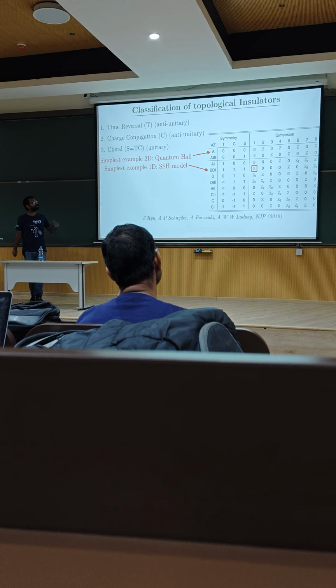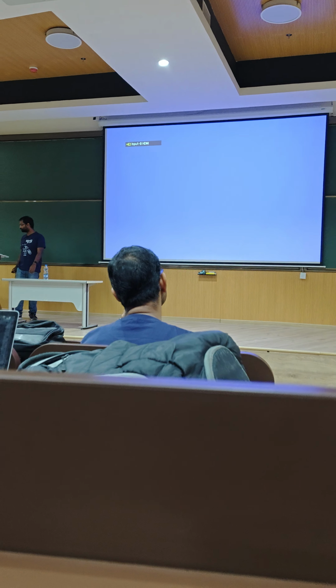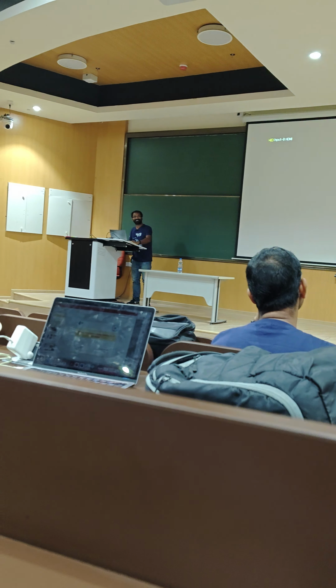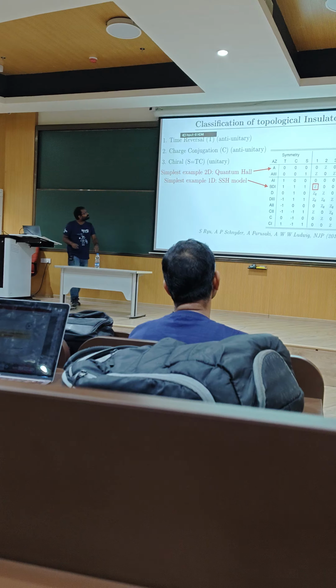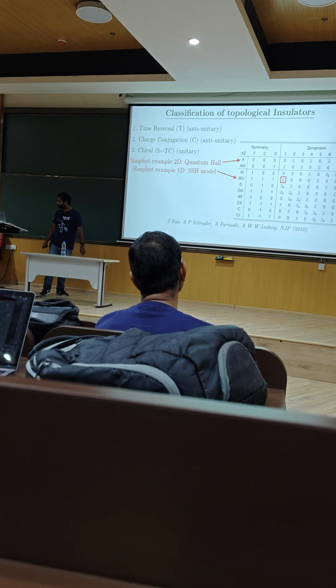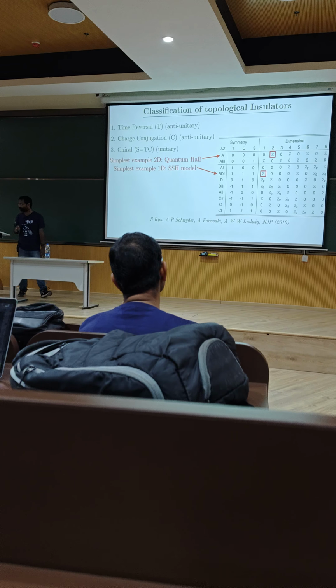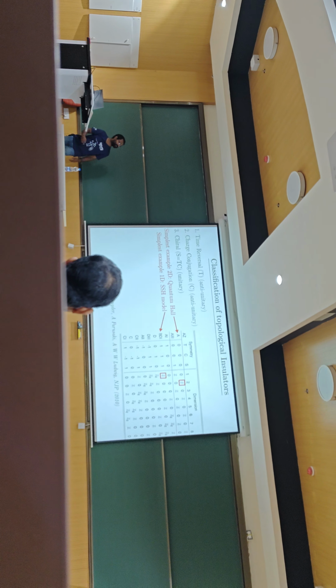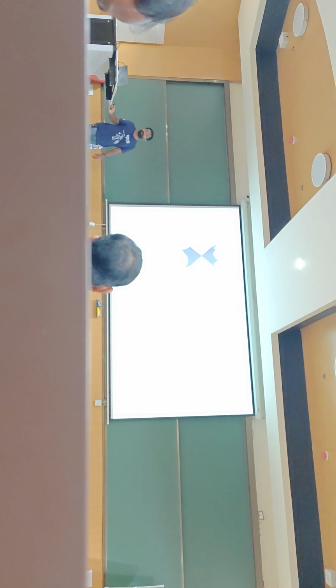It actually has no symmetries, and it is in 2 dimensions, which gives the Chern number. And we can use these ideas to actually understand semimetals.